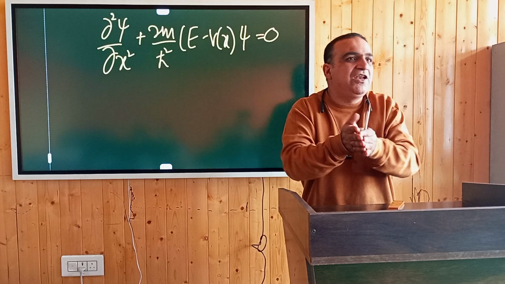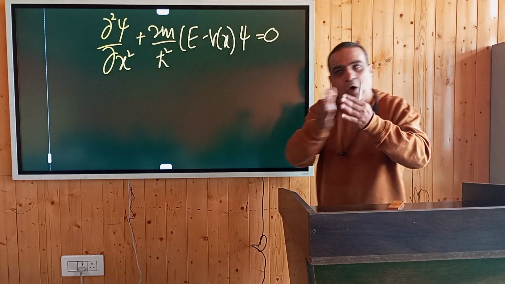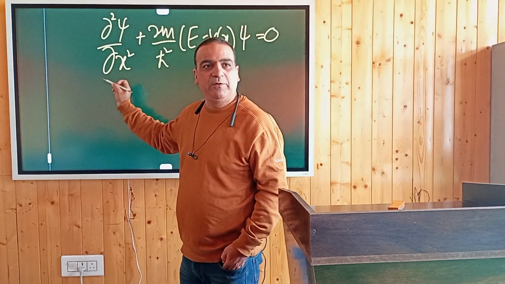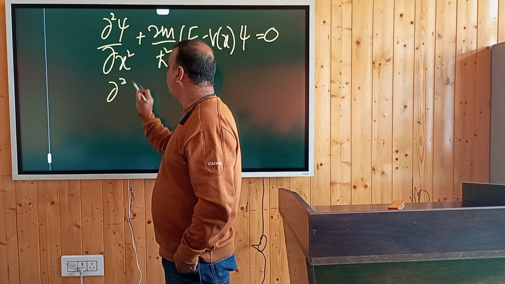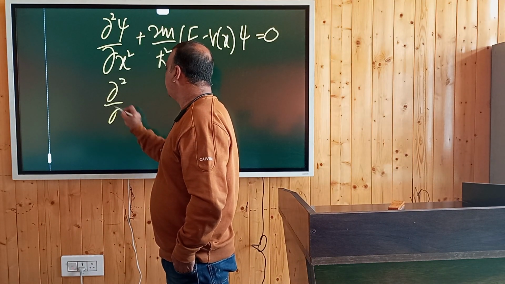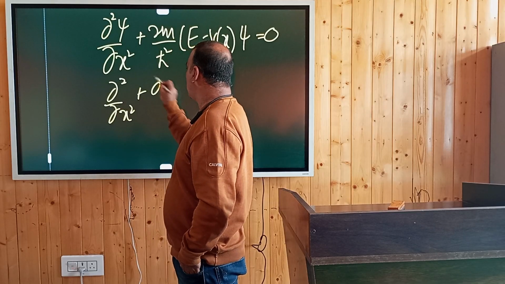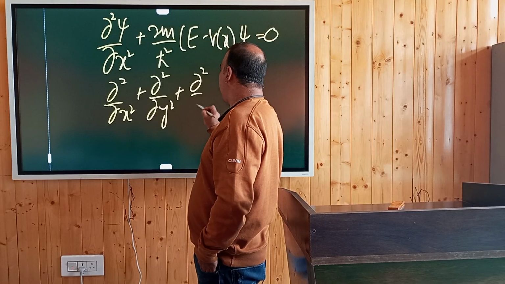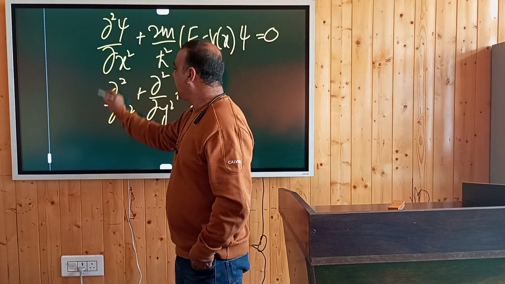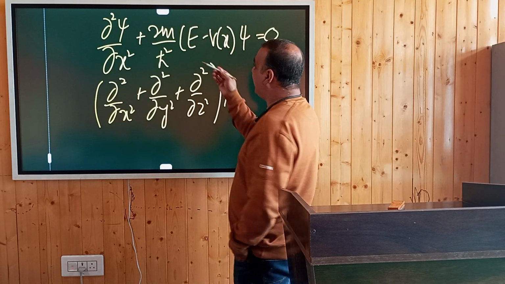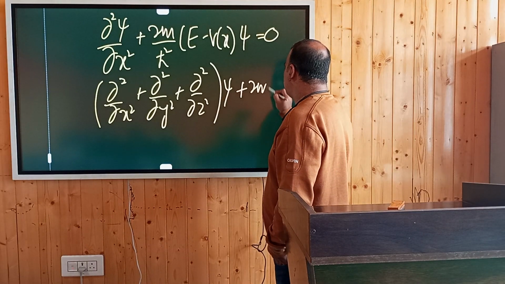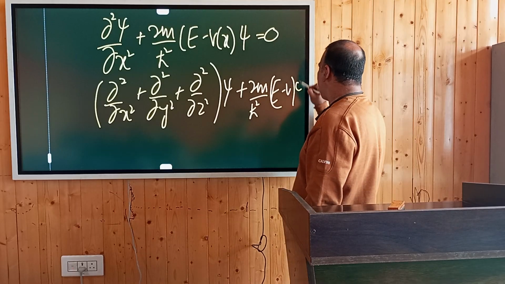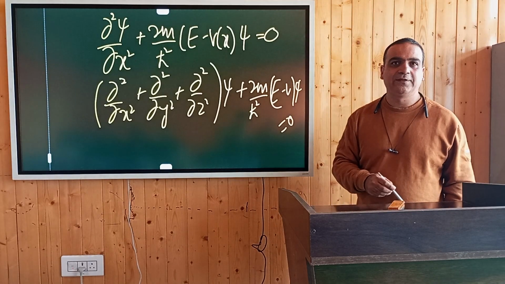But you can have a situation in which you have all the three directions. If you have all three directions, this dou square psi by dou x2 will be dou 2 by dou x2 plus dou 2 by dou y2 plus dou 2 by dou z2. You can keep psi outside, and then you will have the same thing, plus 2m by h cross square E minus V of psi is equal to 0.